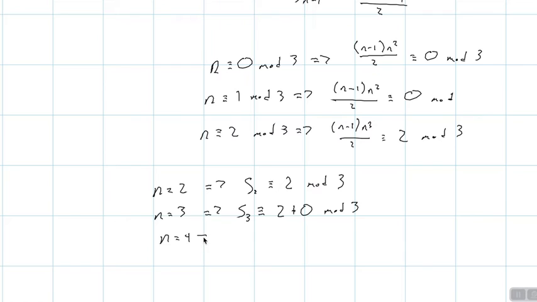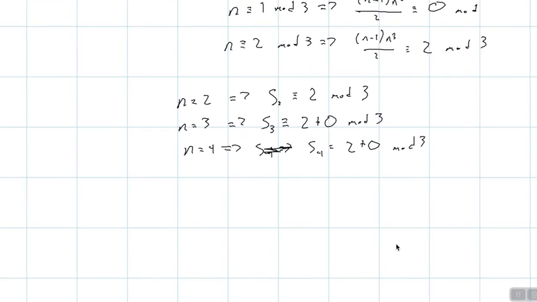N equal to 4. S sub 4 is equal to S sub 3, which is 2, and then this term is 0 since n is 1 mod 3. So again, not divisible by 3. Now n equals 5. We're just going until we notice a pattern here.